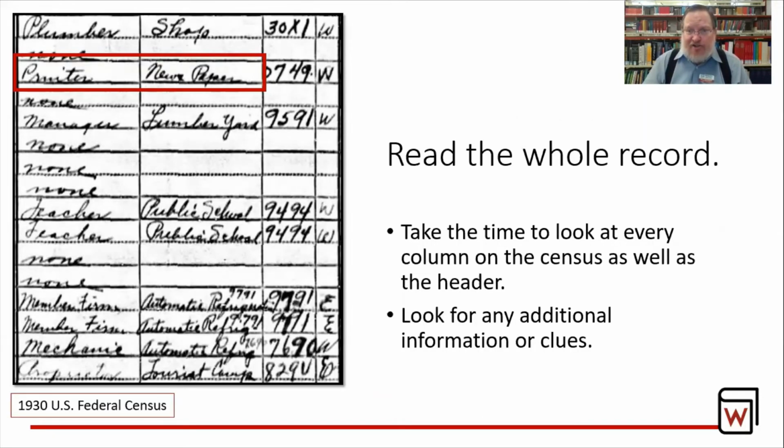Now, I highly encourage you to read the entire census, not just "I found them" and go to the next census, but to look at every single question. In this case, in the 1930 census, my grandfather is listed as a printer in the newspaper business. We saw from his obituary that he was in the newspaper business.